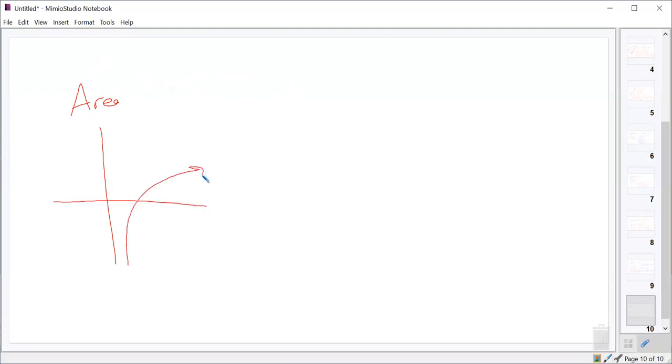There's natural log of x. So let's find the area between 1 and 2 of natural log of x. And so we're going to find this area right here. Is that what you mean?